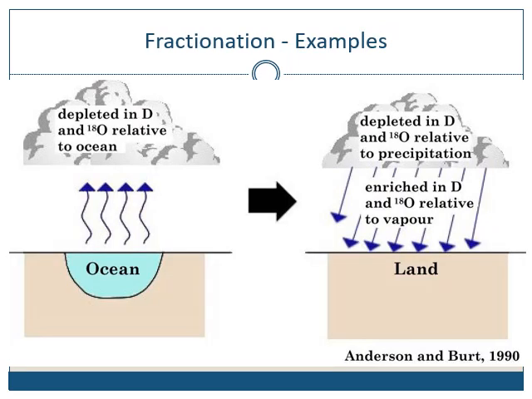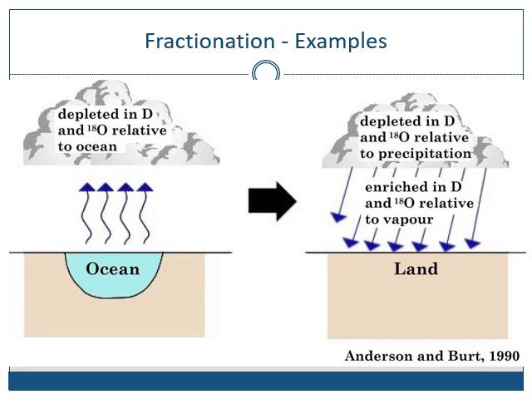So we've got a few examples to speak a little bit more about the fractionation. If we think about water on the left-hand side of this equation, where water is being evaporated from the ocean, it's going to be depleted in deuterium, the heavier isotope of hydrogen, and O18, the heavier isotope of oxygen, relative to its source or reactant, the ocean.